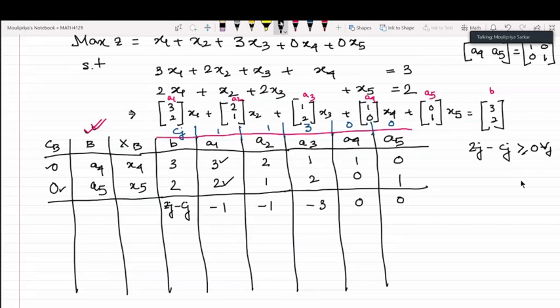But over here, we are getting 3 Zj minus Cj values which are negative. So the solution as of now is not optimal, and hence we are going to seek a revised basic feasible solution. So I hope you remember how to find the departing vector and how to find the entering vector.